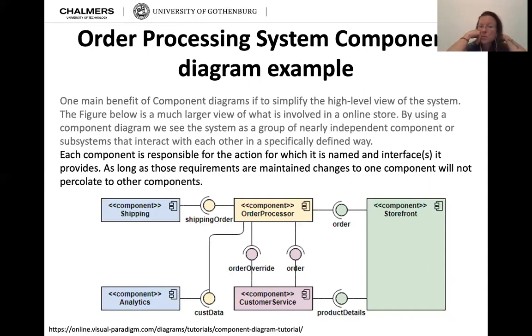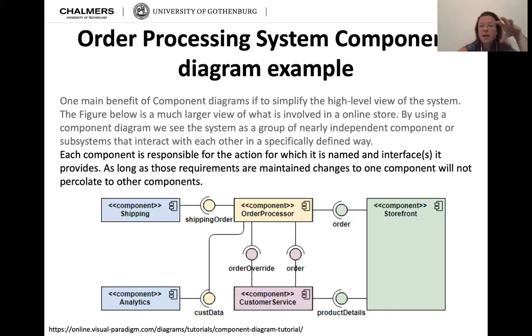By using a component diagram, we can see that the system is a group of nearly independent components or subsystems that then interact with each other in a specifically defined way. Each component here is responsible for the action for which it is named and interfaces it provides. And as long as those requirements are maintained, changes to one component will not percolate to other components. Remember that we said we want the changes to be local.